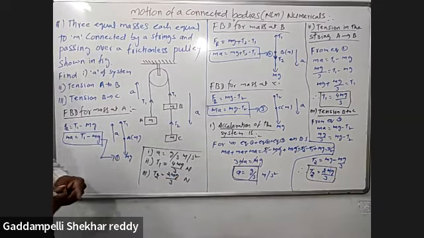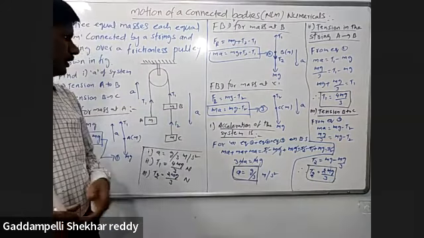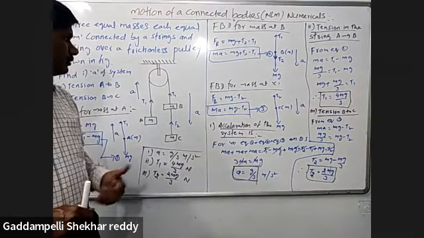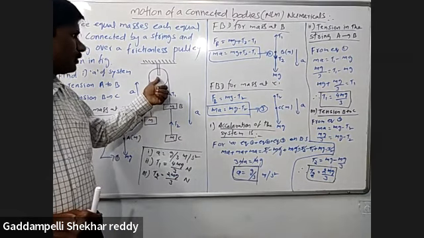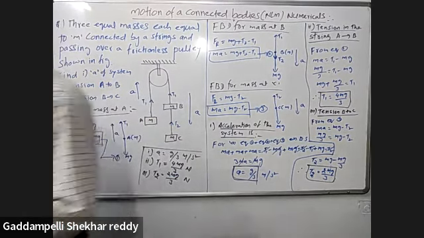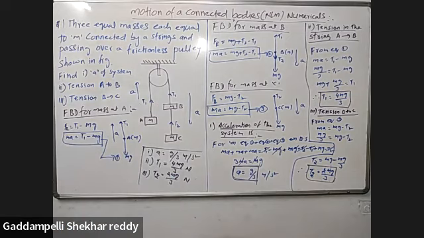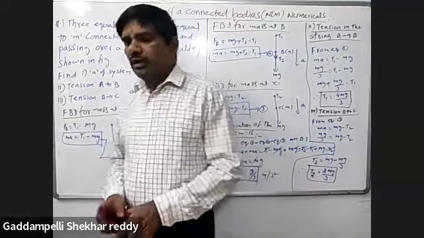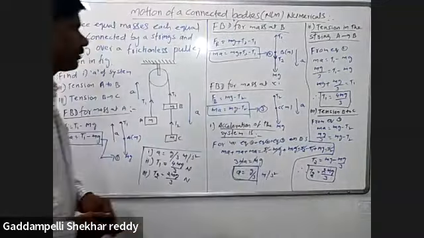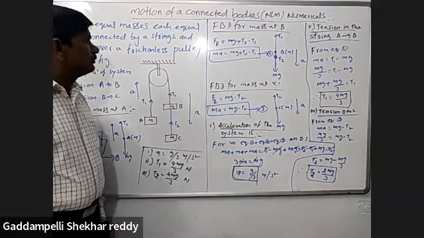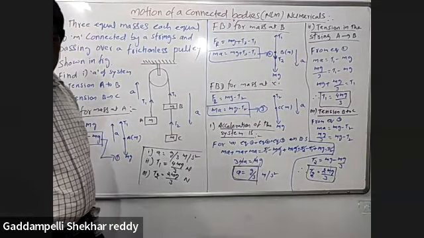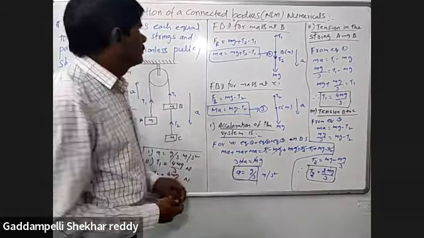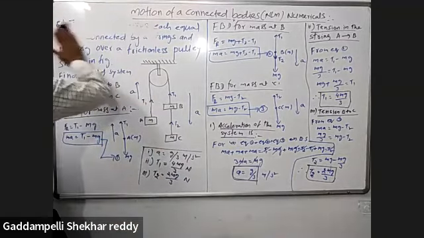Okay, so this is three bodies connected with a string passing over a frictionless pulley. This is one model, very important. Next, we will solve another problem.